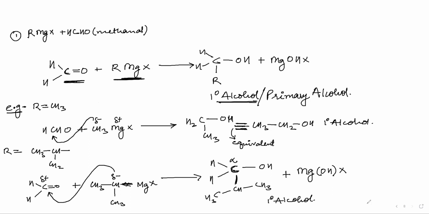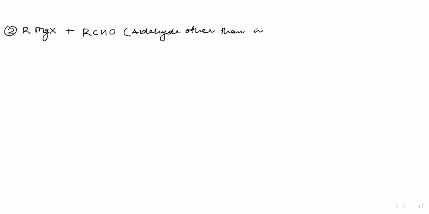Okay. Now, if we have, for example, RMgX plus RCHO, that is, an aldehyde other than methanal.